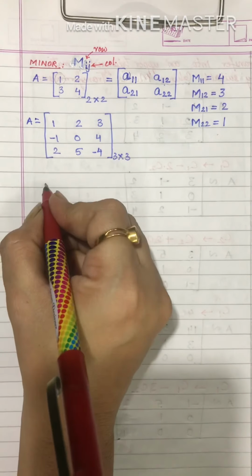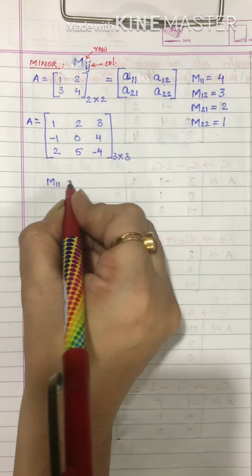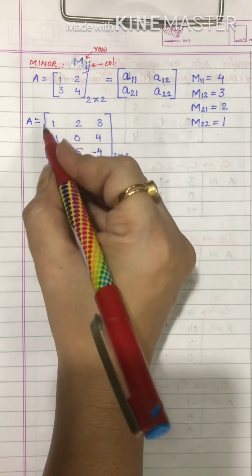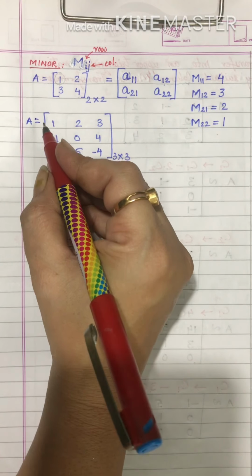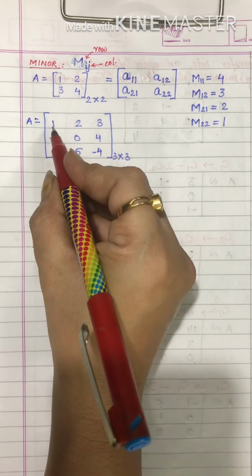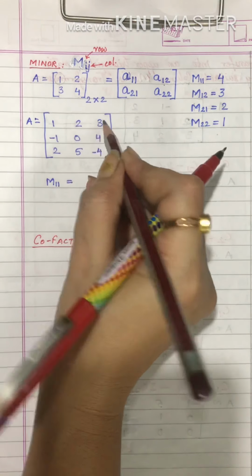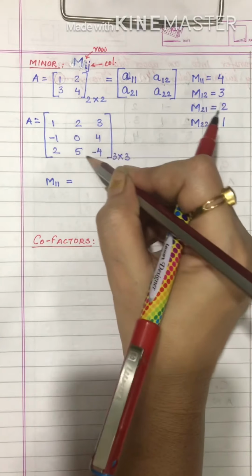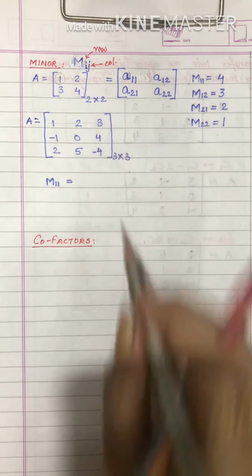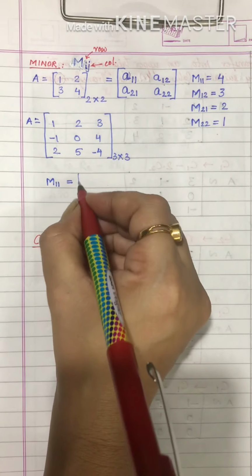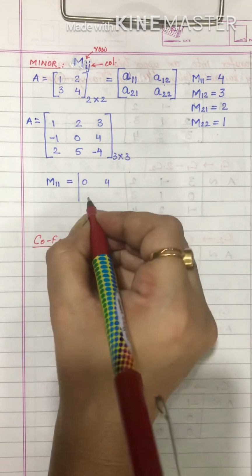If, let's say, we are trying to find minor for the first row, first column element, what do we do? When you leave this row and this column, what remains is a small matrix, so that you need to solve the determinant of that matrix further.